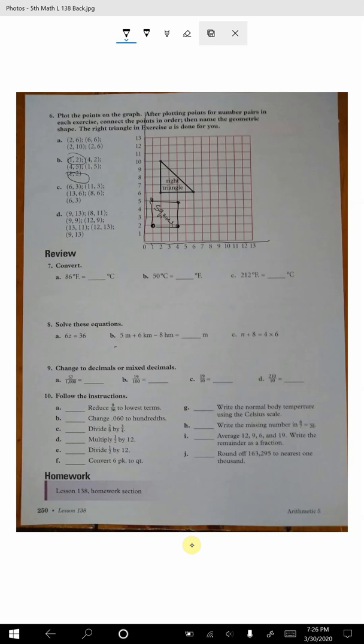All right, the next one. Over 6, up 3. Over 11, up 3. If I go too fast, just pause me. Over 13, up 6.